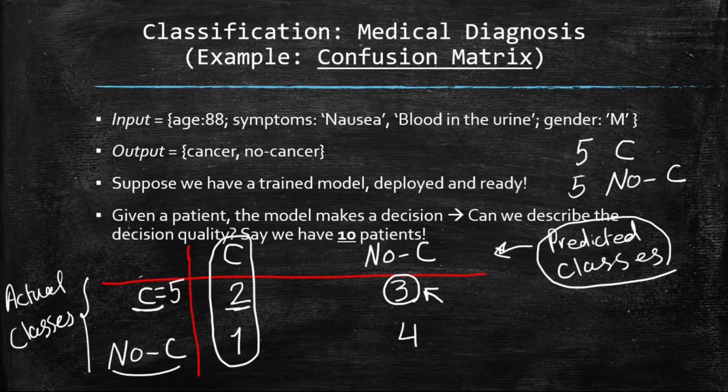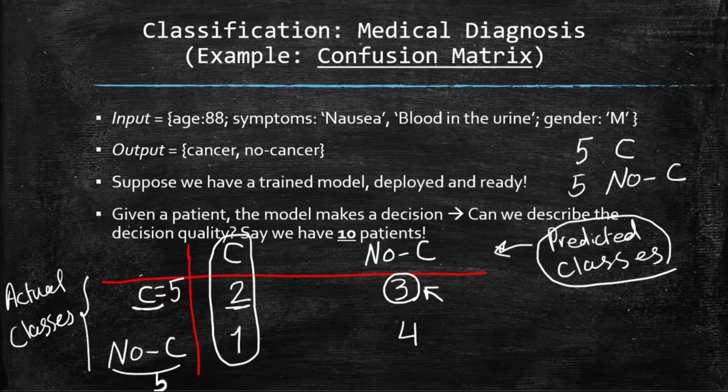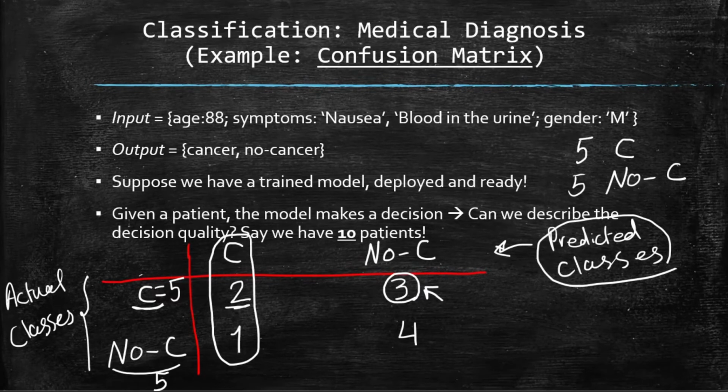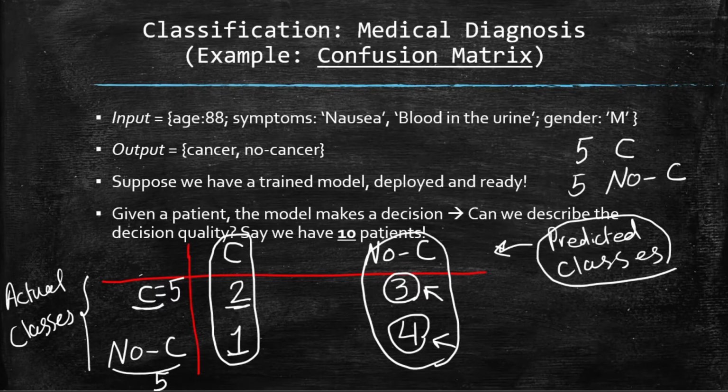Same story about the no cancer case. You know that there are 5 people in your data set who do not have cancer, and your machine says that, okay, there are 4 of these people who don't have cancer. That is what your machine predicts, right? In this column. But your machine misses one of them and wrongly classifies that person as cancerous, right?